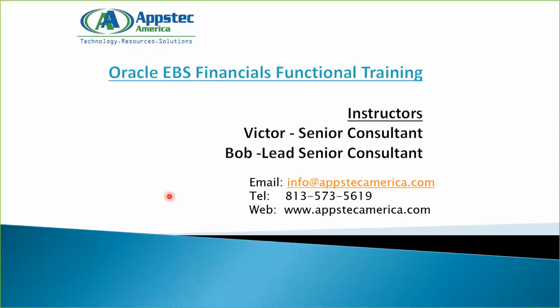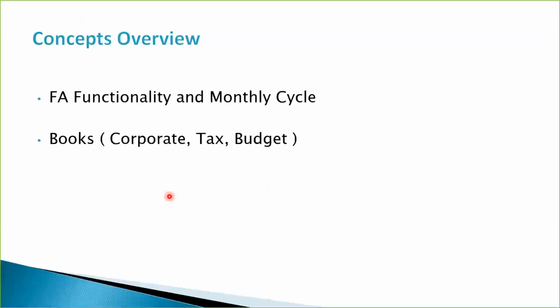Welcome everybody to this lesson in our Financials Functional Training series. In this lesson, we are going to take a look at FA functionality and the monthly cycle, or should I say the periodic cycle in FA. We talked about FA functionality a bit.